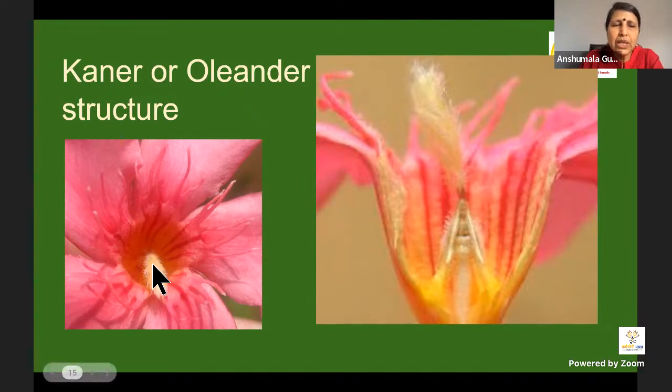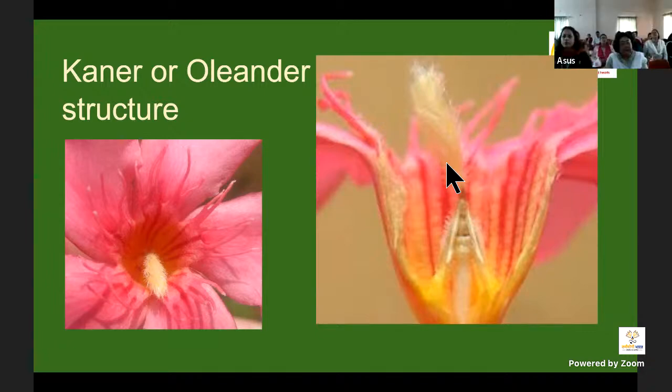And the male and female are actually very curious. The males join up together to make a brush-like structure. Here on the right-hand side, you can see the male heads all join up and are twisted together. What you will see is a brush kind of a thing on top, which is the male part of the flower.